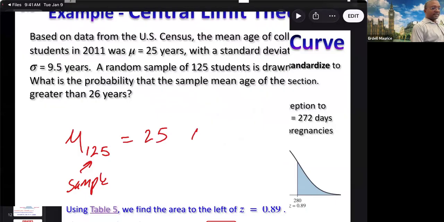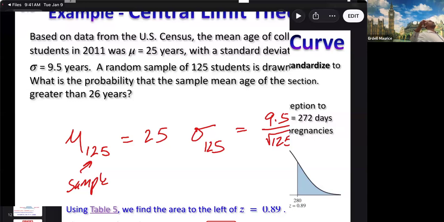But the standard deviation for the group of 125 students is going to be 9.5 divided by the square root of 125. Because I am sampling 125 students in one go, the standard deviation between groups of 125 students will be smaller. And so because of that, we use this number instead. This number is called the standard error.